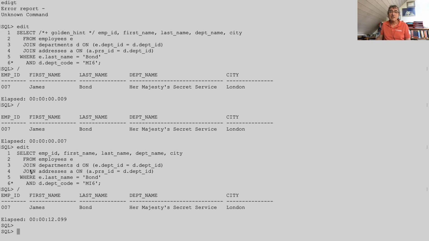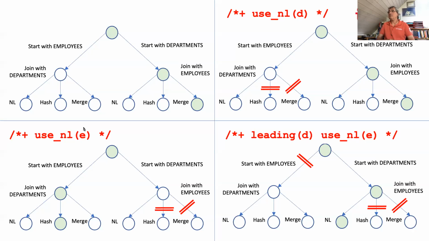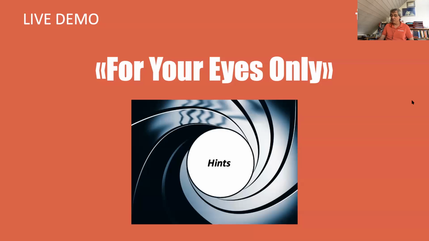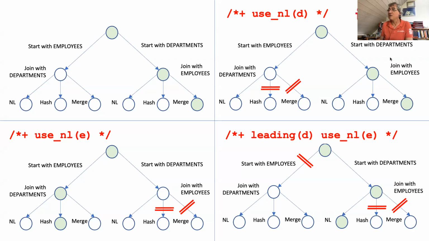But now let's go back to the demo I showed you before with the two tables I joined. The original execution plan started here with a merge join, then the nested loop. I said, okay, don't do a hash join or a merge join on the departments table. That's nice when I cut these branches, but when the optimizer decides to use this execution plan, it still works as before.